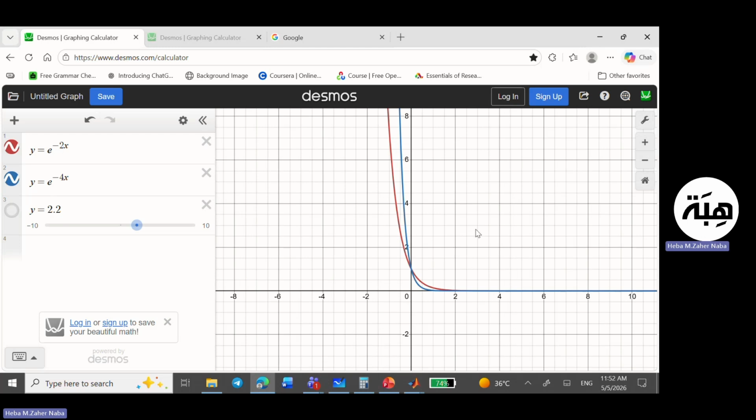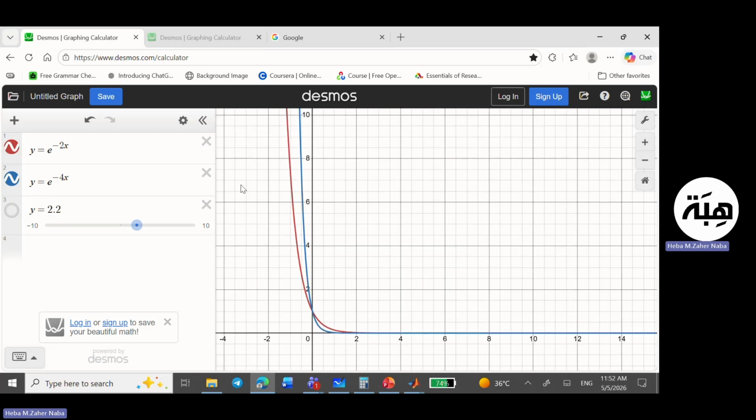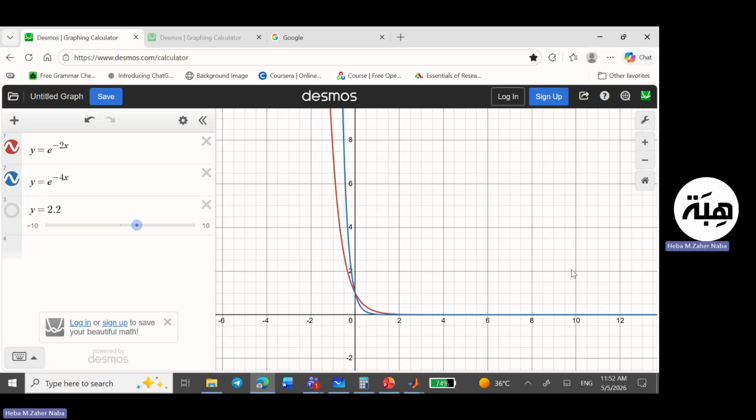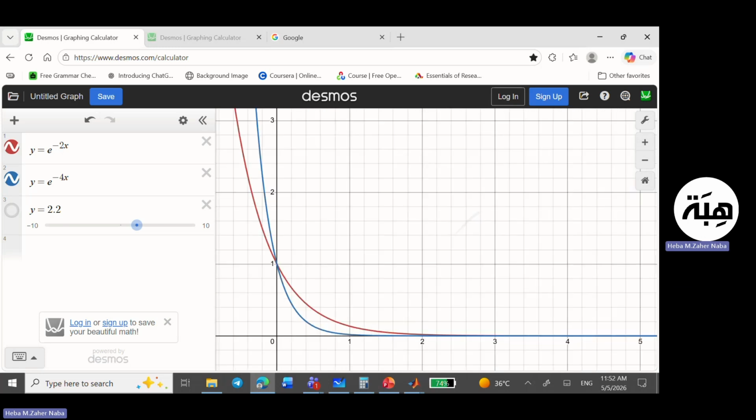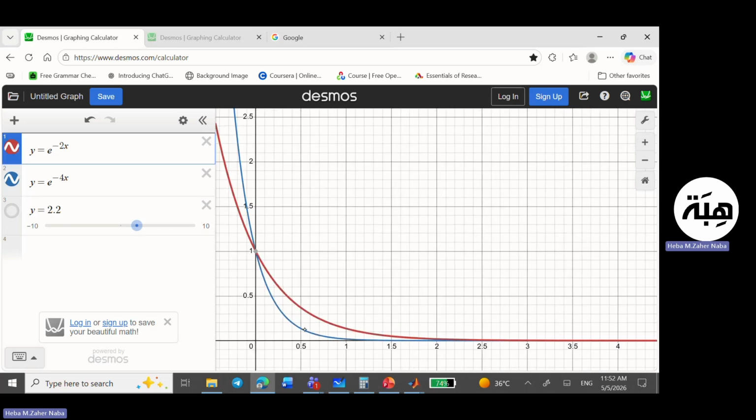Both are exponential functions that decay with time and approach 0. And e to the power of minus 4x approaches 0 faster than e to the power of minus 2x.